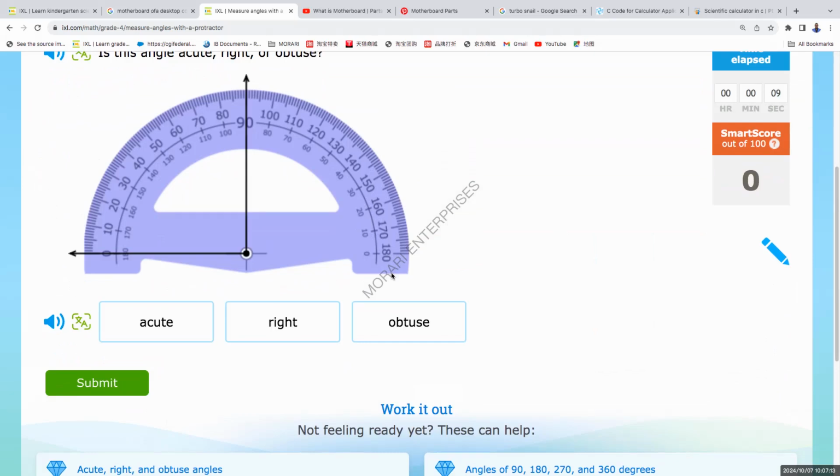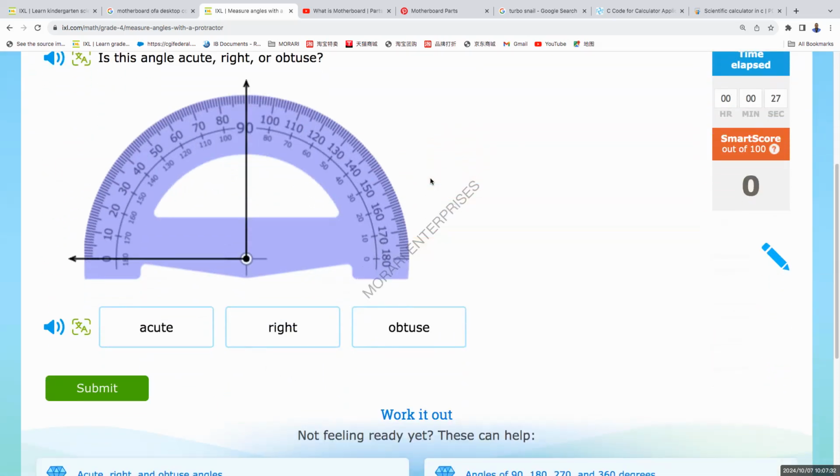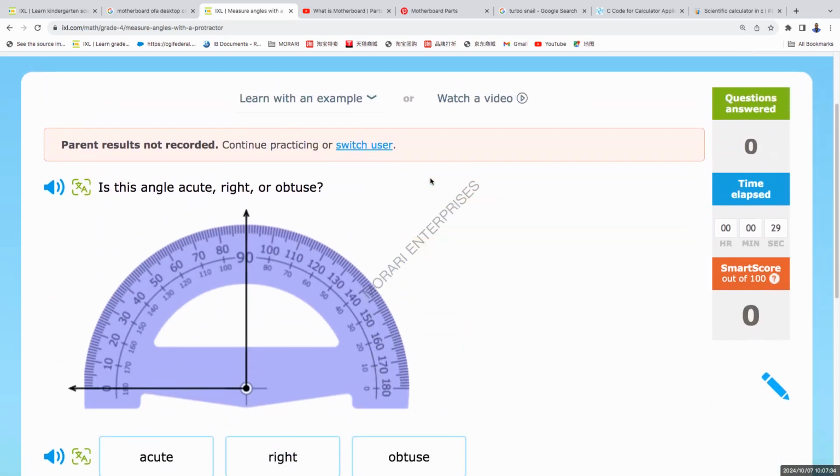But we haven't learned this one yet. We just learned a small part of it. This is the tool you use to measure the angle. What is this tool called? In English, you call this a protractor. Protractor. But it looks so easy.